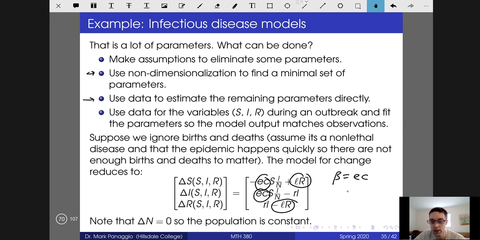And there are ways to use some of the optimization techniques we discussed earlier in the semester to fit those parameters. We won't make that a major focus right now, but some of you may find that on your projects, you may need to do that. And when the time comes, we can discuss the specifics of how you can actually optimize those parameters to get the best fit possible.